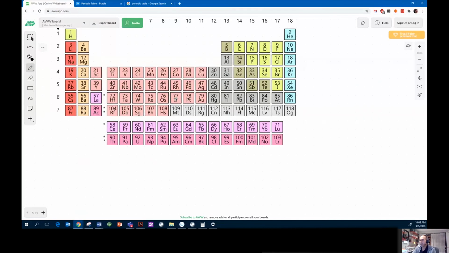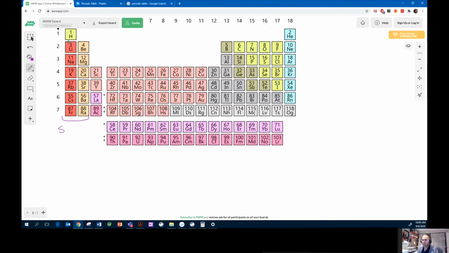If you remember, the elements that we have here, the first two columns, these are the S block.